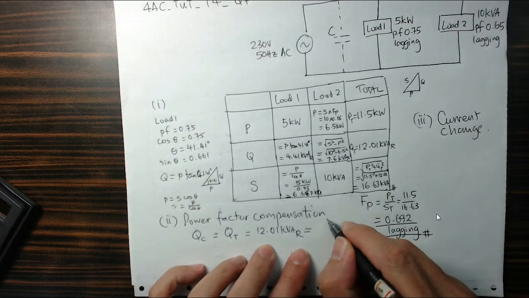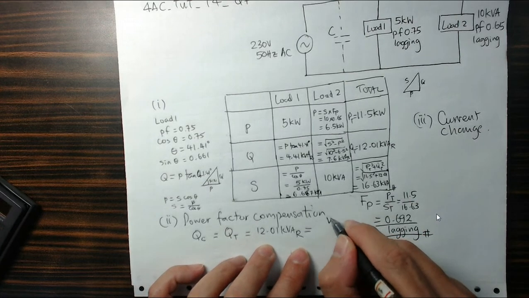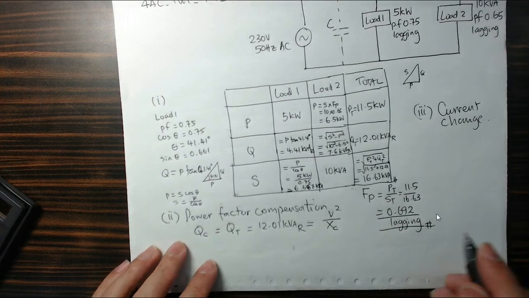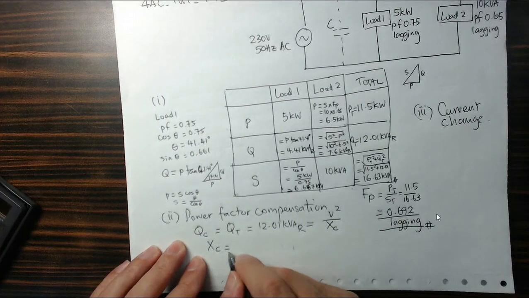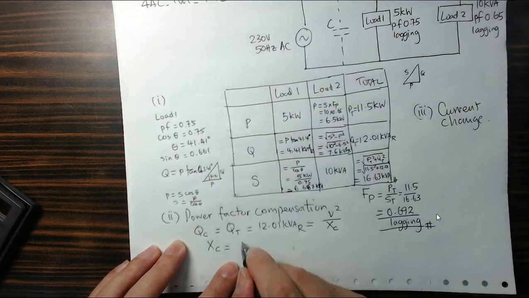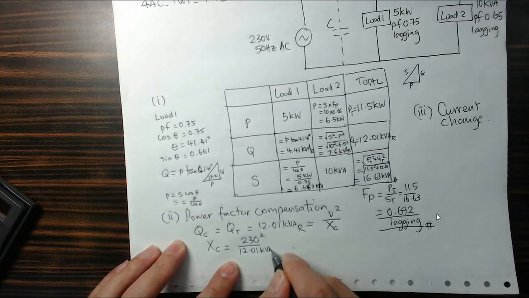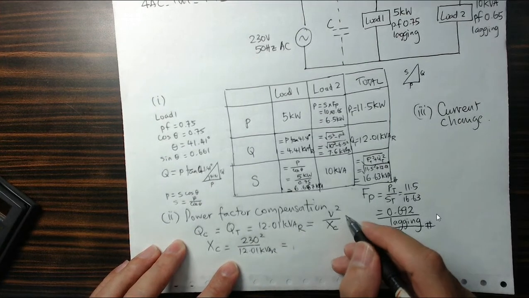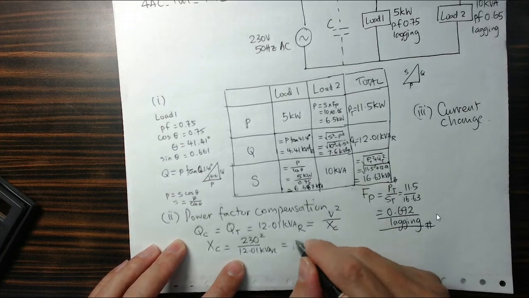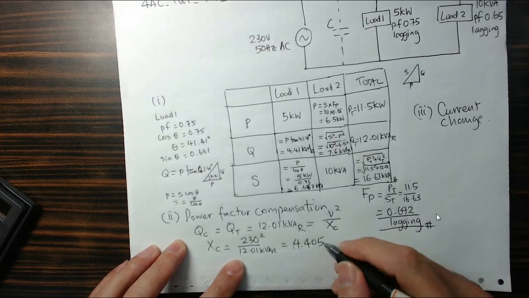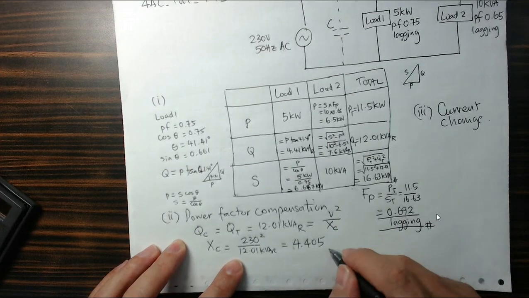That can be calculated from V squared upon XC. Therefore, XC must be equal to 230 squared divided by 12.01 kVAR. So that means I need to introduce a capacitor that gives me 4.405 ohm.